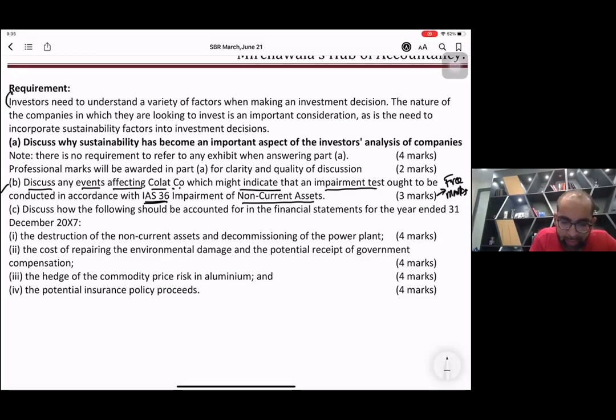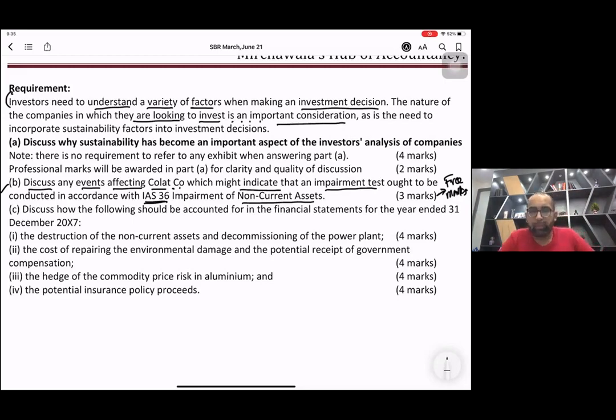Read this. Investors need to understand a variety of factors when making an investment decision. The nature of the companies in which they are looking to invest is an important consideration.